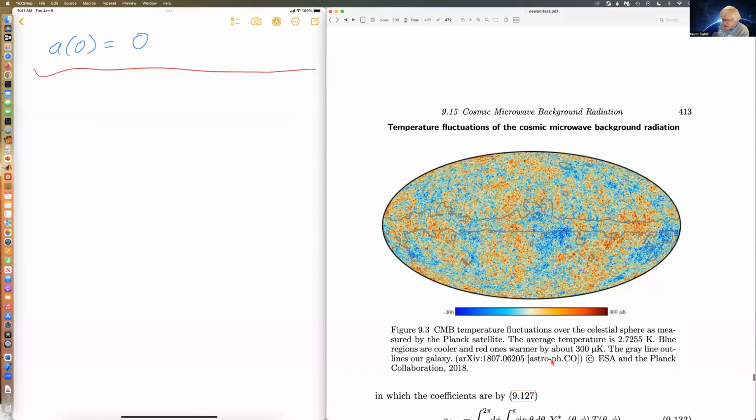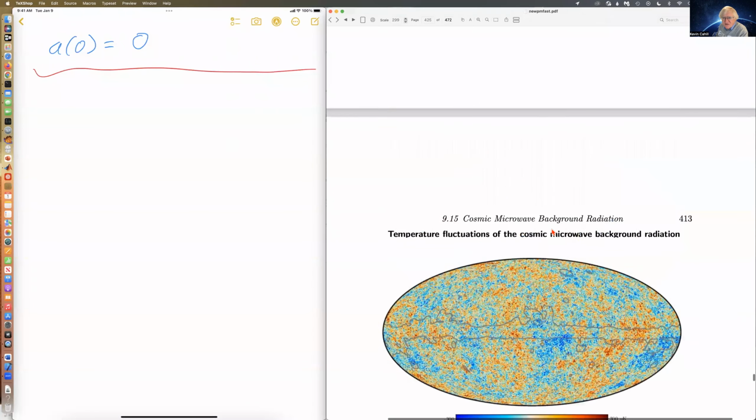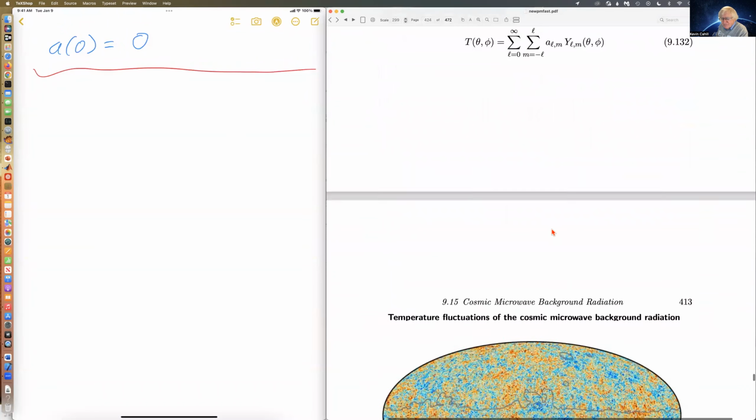It's basically 2.7255 degrees Kelvin, and the difference between the blue regions, which are cool, and the red ones, which are hot, is only about 300 microkelvin. So we're down by factors of 10 to the 4th or 10 to the 5th.